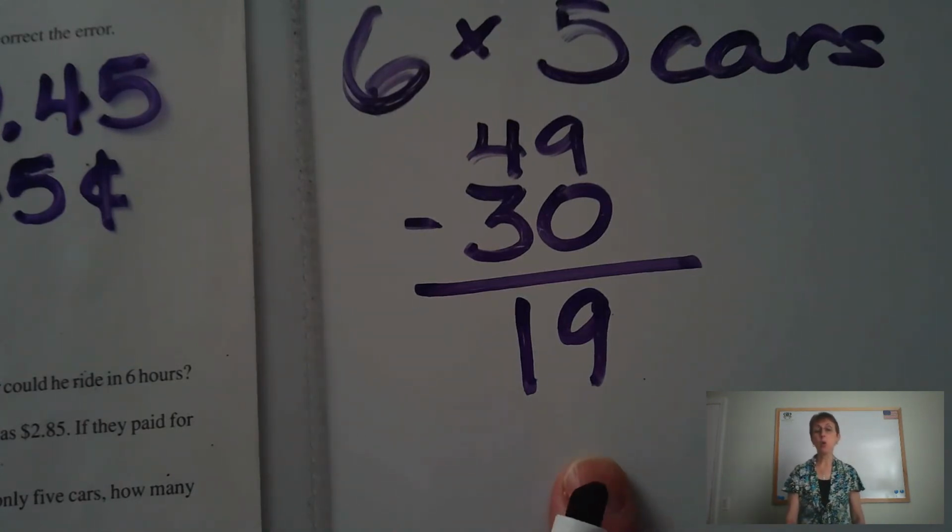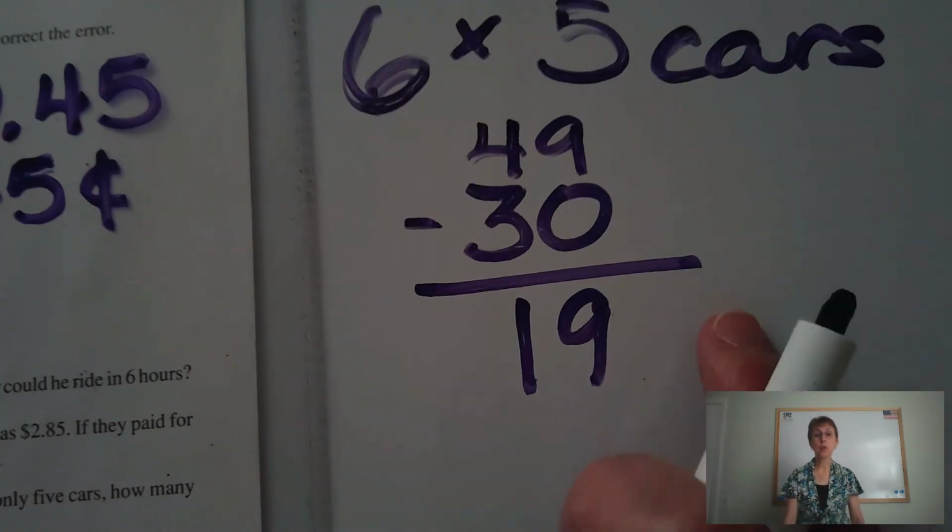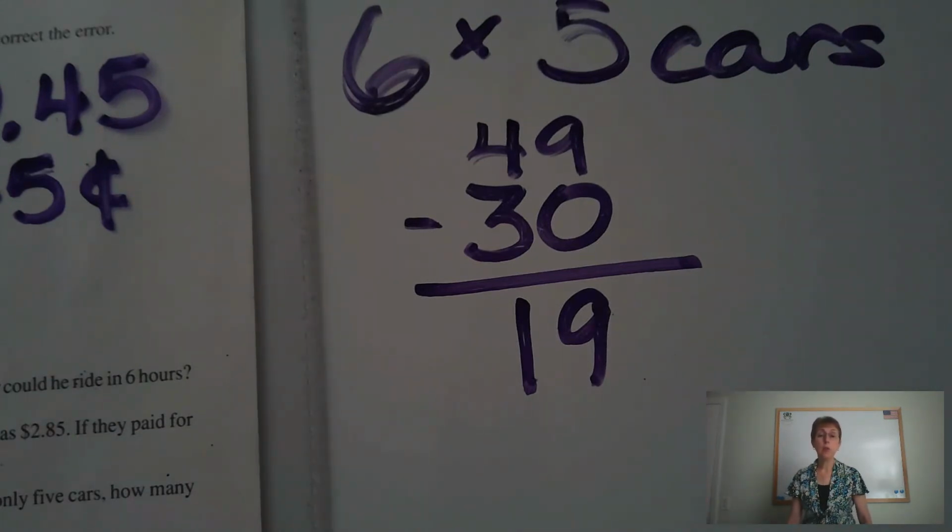Okay, again, you only have seats for 30. 6 people in each car, you have 5 cars. 6 times 5 equals 30. You have only enough space for 30, and you have 49 people waiting for a ride. So then you subtract, the difference is 19. So 19 people will not have a ride.